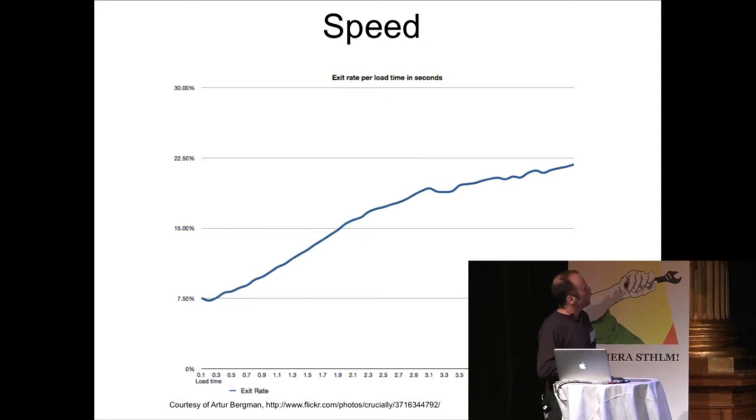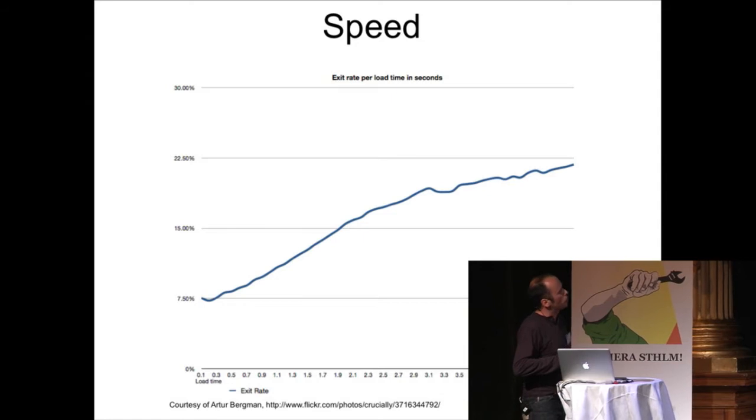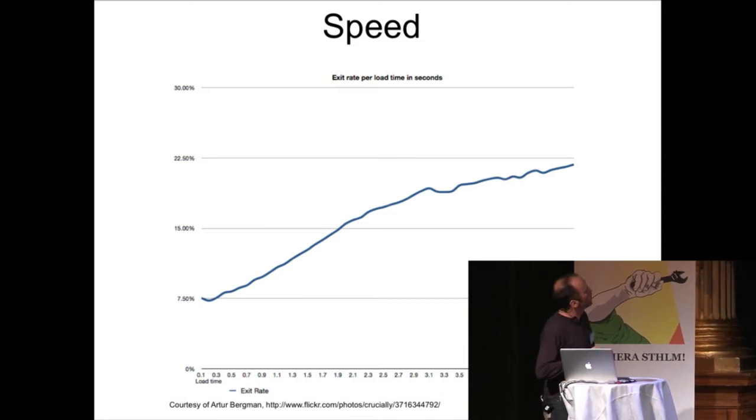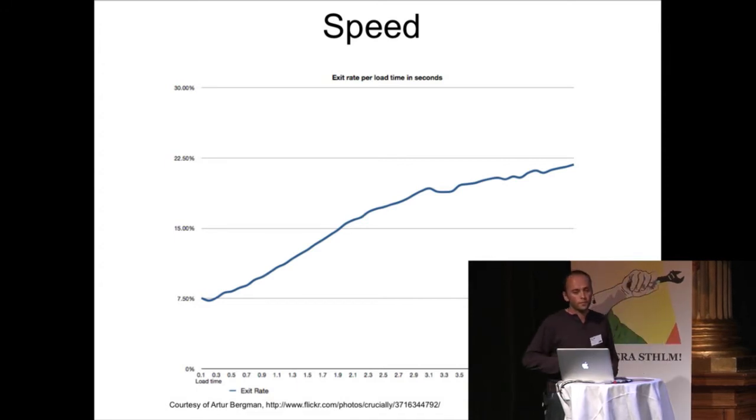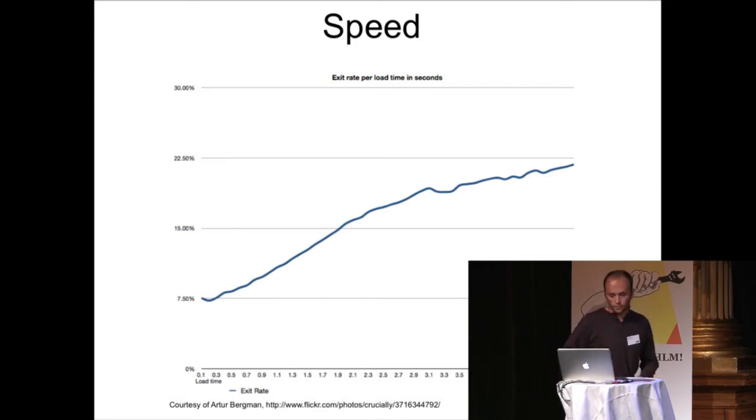Now, at a page load time of approximately 1 second, you see that it's probably around 11–12%. And at 2 seconds, we're at probably 17%. So this is why speed actually is important. Not just for the actual business part of it.